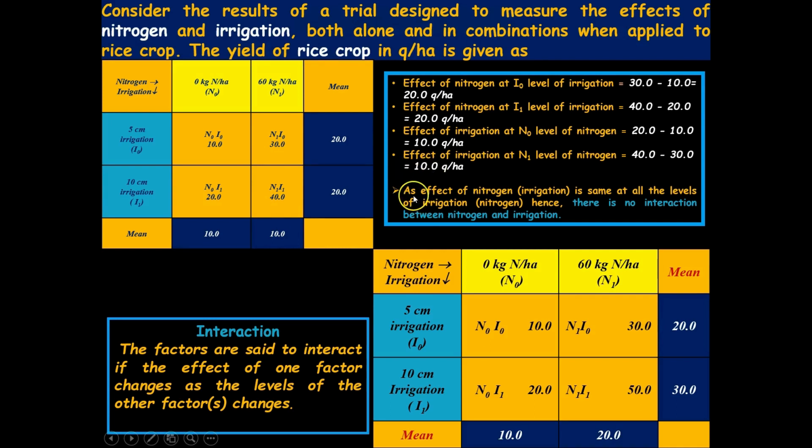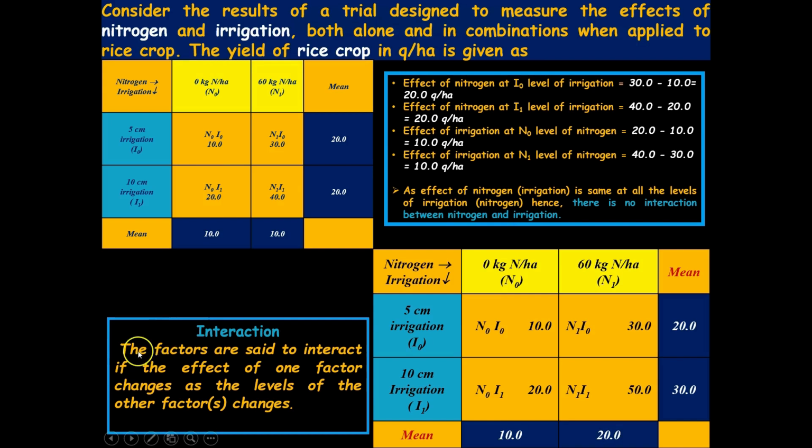Now here you can see the simple effects for this one and this one are the same, and the same is the case for the other factor. So as the effect of nitrogen is the same at the levels of irrigation, or we can say as the effect of irrigation is the same at all the levels of nitrogen, hence there is no interaction between nitrogen and irrigation.